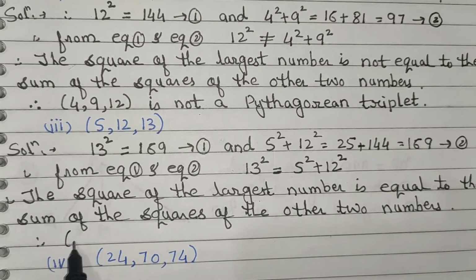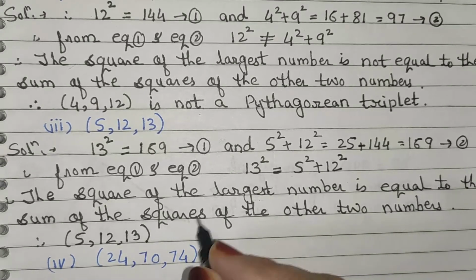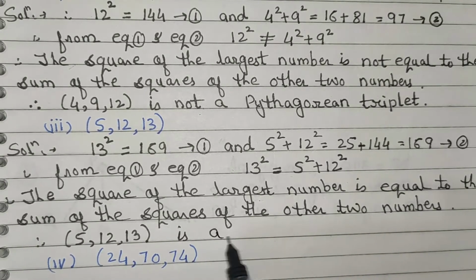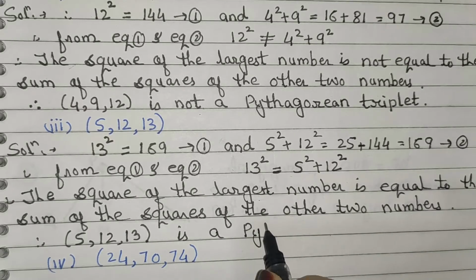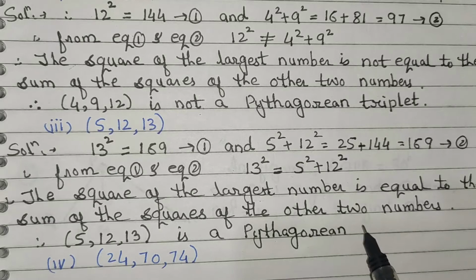Therefore, numbers 5, 12, 13 is a Pythagorean triplet.